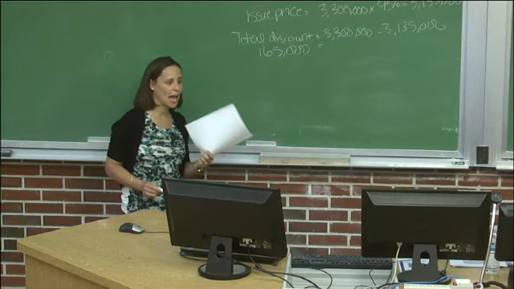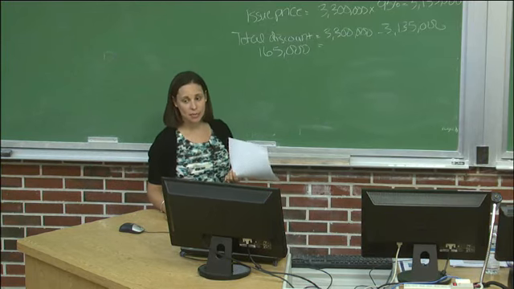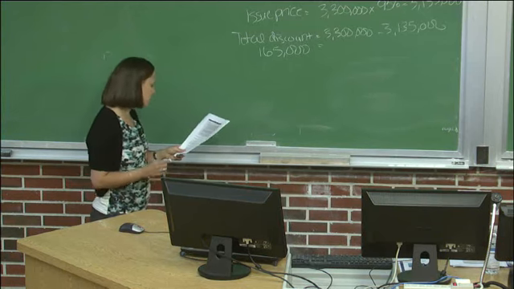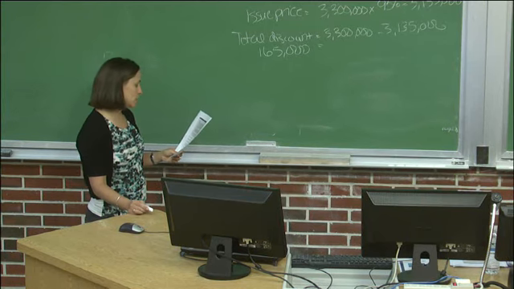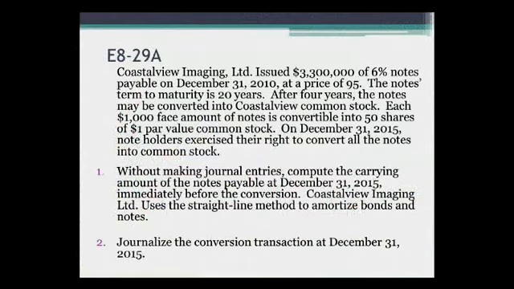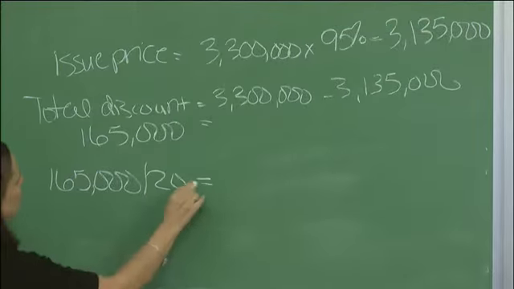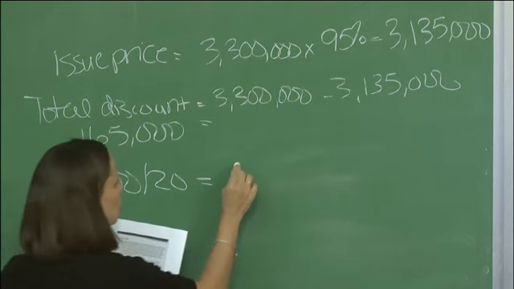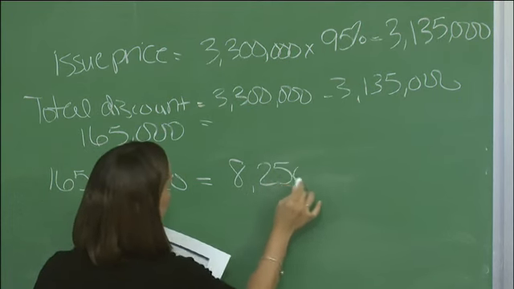You can calculate how much of the discount is amortized in each period, and it's the same each period. So here, this is a 20-year note. So we take the total discount, $165,000, divide by 20 to see how much of the discount is amortized each period. We get $8,250.